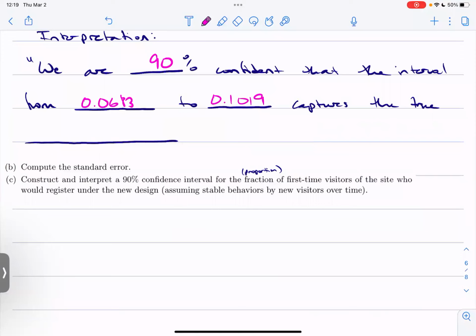The true proportion of first-time visitors of the site who would register under the new design, I'll call it there.